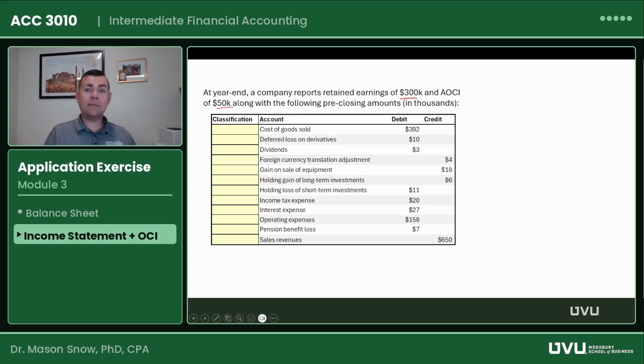So your task comes in three parts. Number one, I want you to classify each of these accounts as impacting net income, other comprehensive income, and there is one single exception in this list that impacts neither of those. So see if you can figure out what that one is. My recommendation for this task is to first look for those accounts that flow through other comprehensive income.